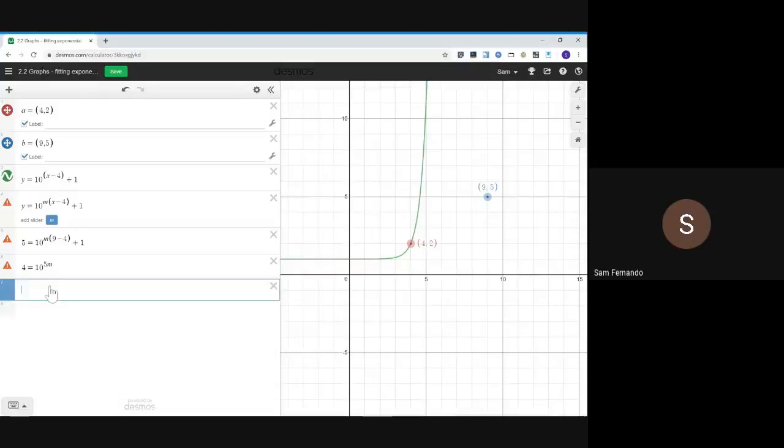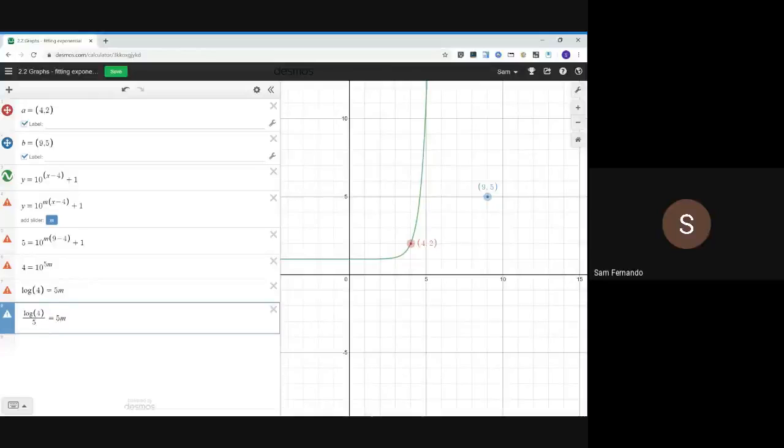Okay. The inverse of an exponential is a log, so I just need to take the log of both sides. So I just get log of 4 equals 5m, log undid the exponent. So finally, rearranging, we're going to divide both sides by 5. m equals log 4 divided by 5.